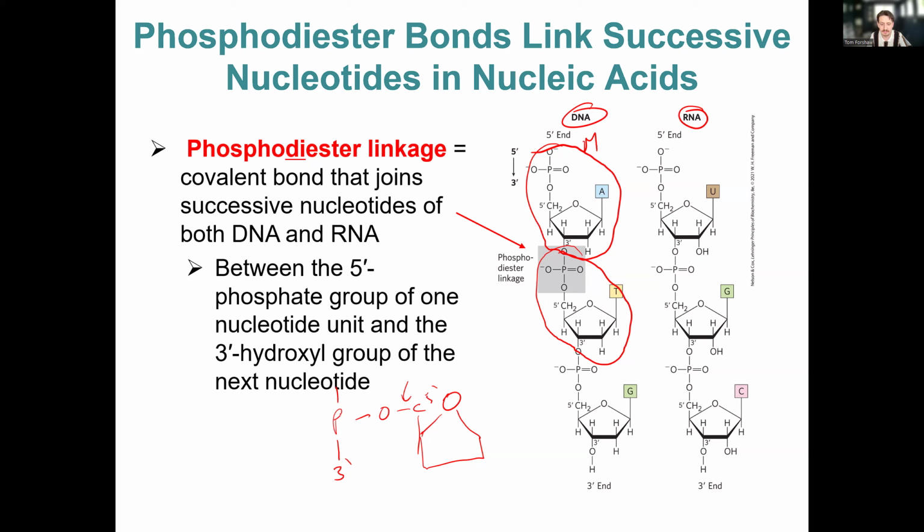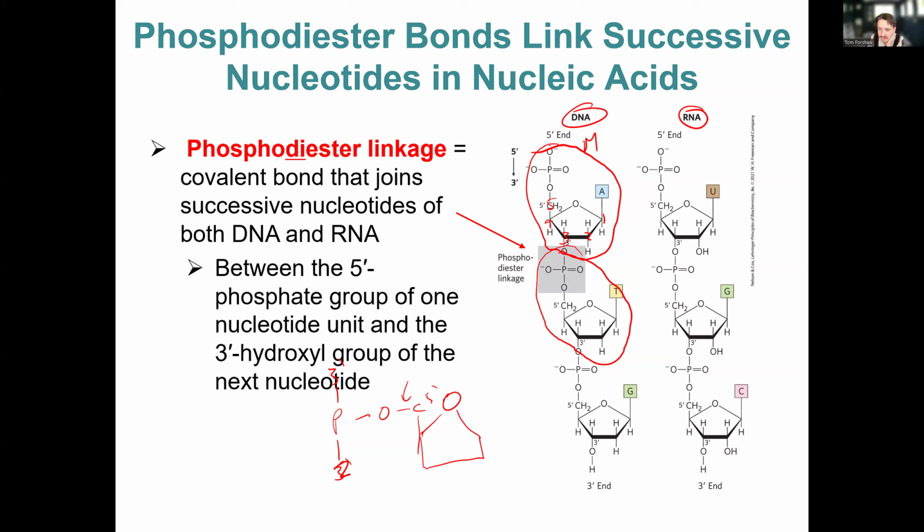Well, it's going to be perhaps a little bit easier to show. I drew the 3' underneath, and it's going to be difficult to draw the sugar like that now. It should have been above, and now my text is in the way. But the 3' position, we have here 1, 2, 3, 4, 5.